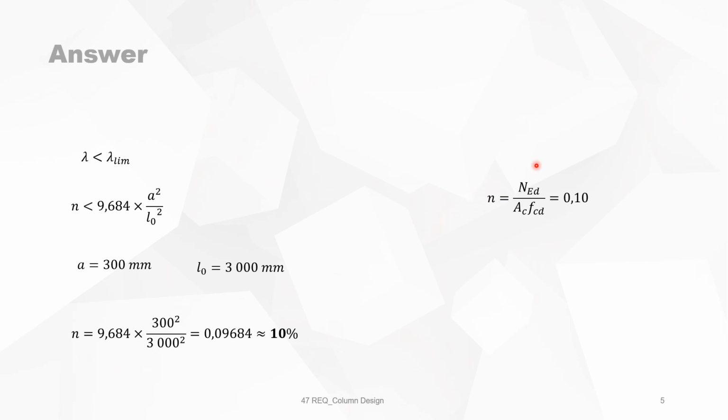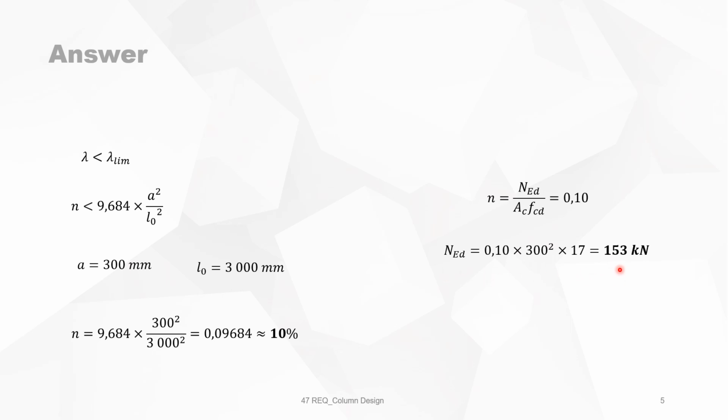The load ratio is defined as the normal load divided by the cross section and divided by the design value of the concrete compressive strength, and this is 0.1. So the column with a size of 300 millimeters and a length of 3 meters cannot be loaded more than 153 kilonewton.